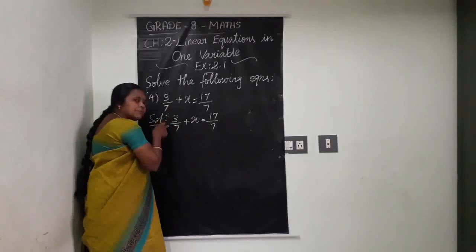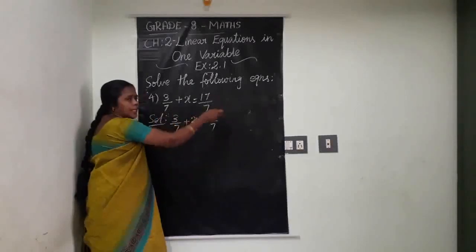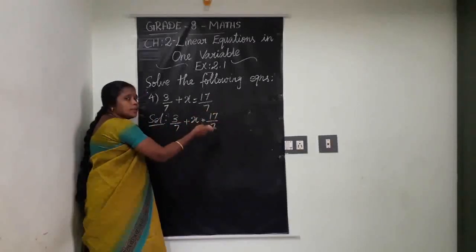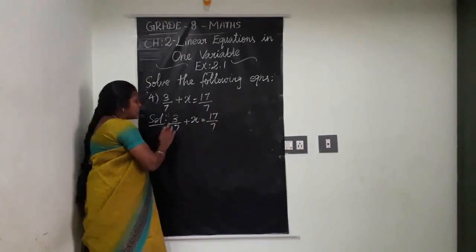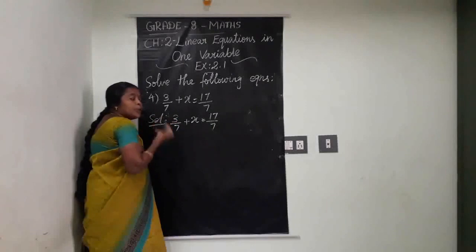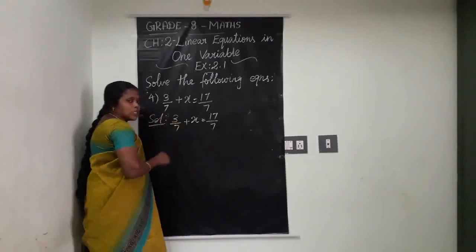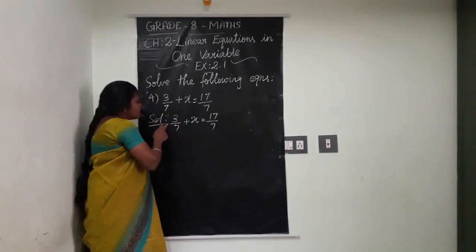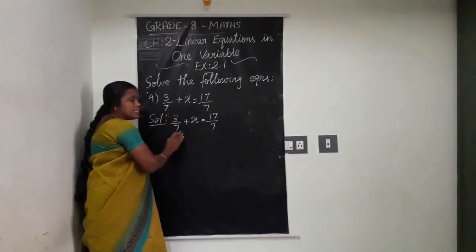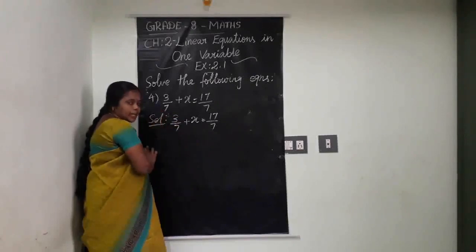So I am going to shift this term from here to there. At that time how does it go? By changing its sign. Actually there is no sign in front of the term. How do you consider it? It is positive. The plus sign is available. This is the meaning. So here plus 3 by 7 is present at the left hand side of the given equation.